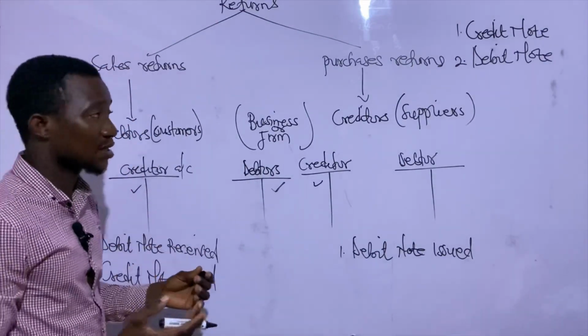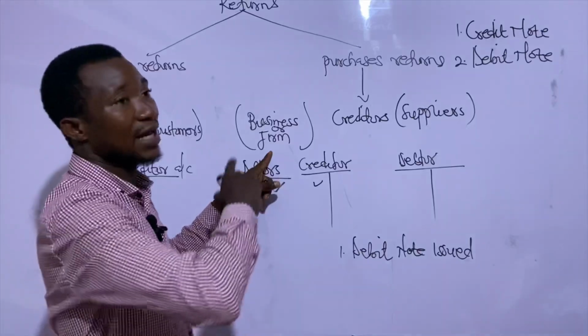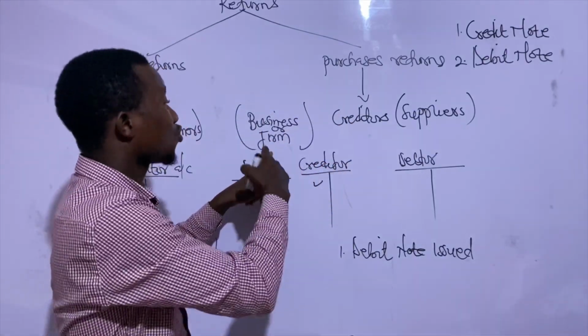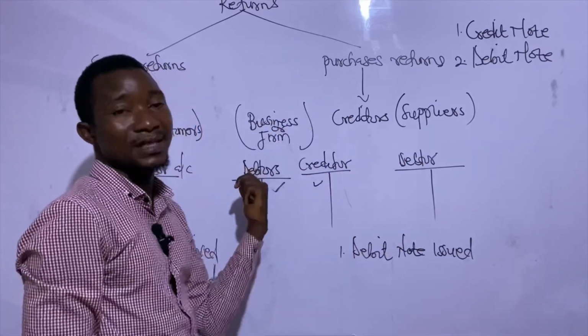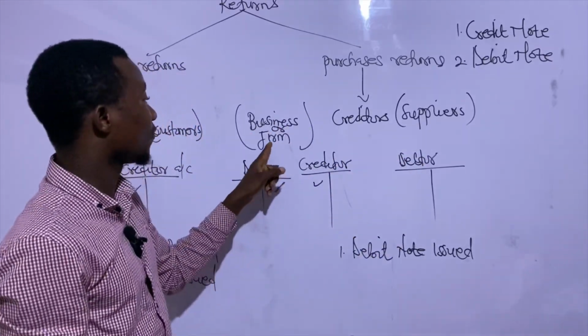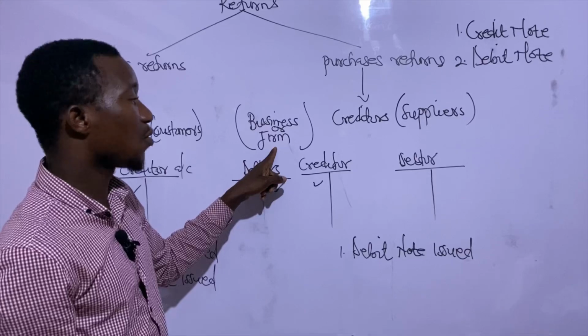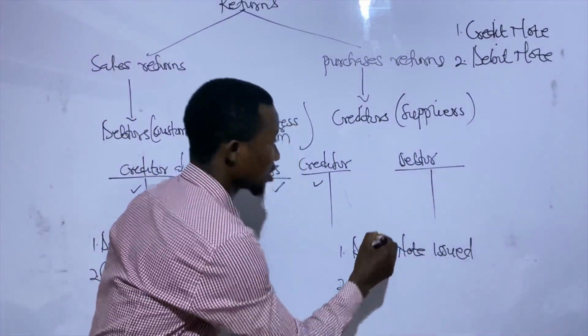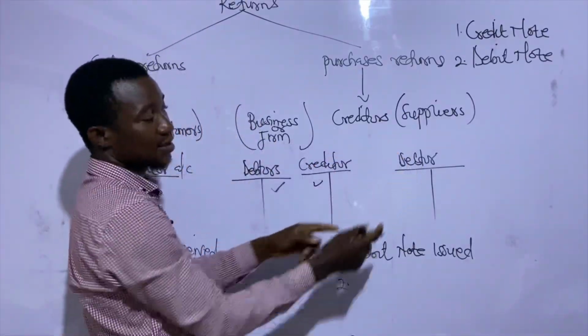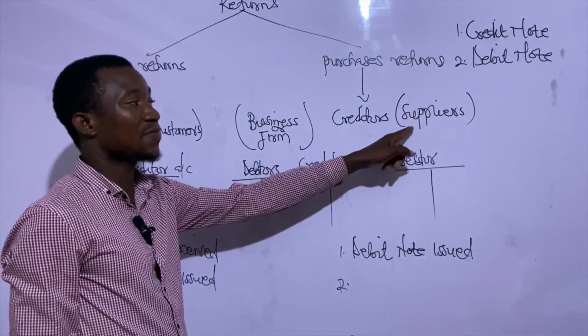But in other circumstances, the firm may not send a document, but when the supplier receives the returns, the supplier will rather send a note or a document to the firm, and that note is what we call a credit note. We call it a credit note because the firm is a debtor in the perspective of the supplier.